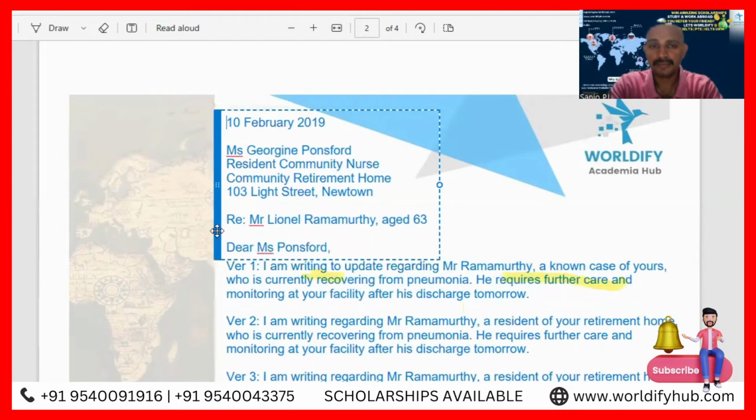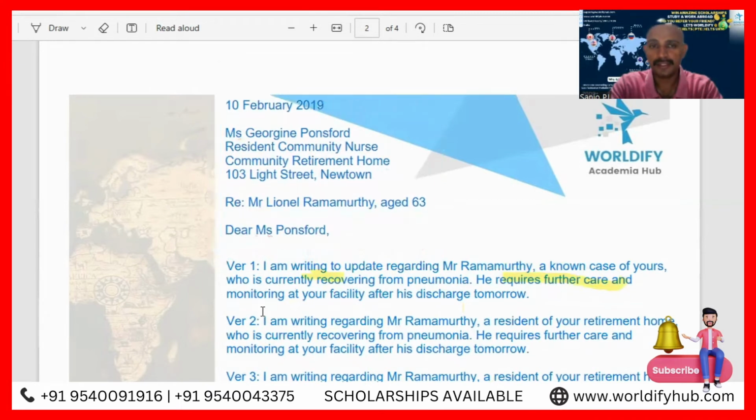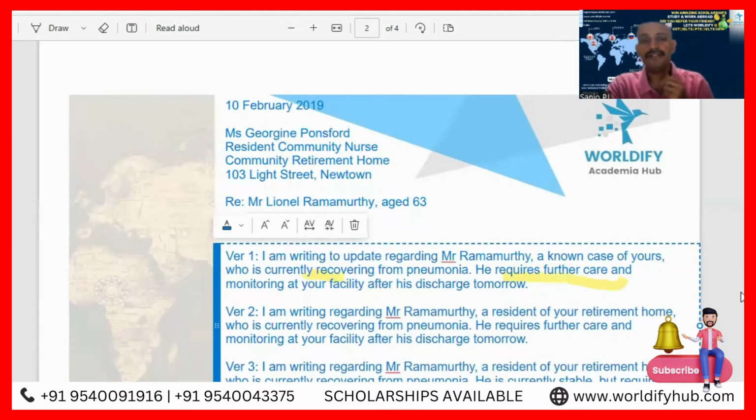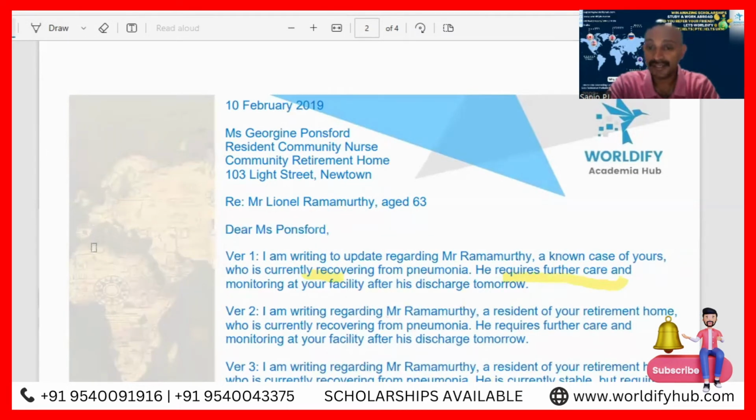Okay, so let me just move this a little up so that we have enough visibility of these paragraphs. So you can use either of these purpose paragraphs to let the examiner know that this is a non-case, right? So here we are saying a resident of your retirement home, which is very clear, saying that, okay, you know this patient.